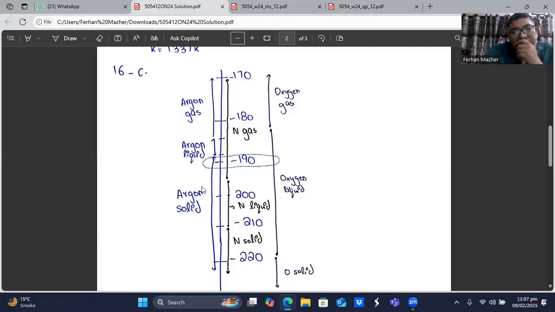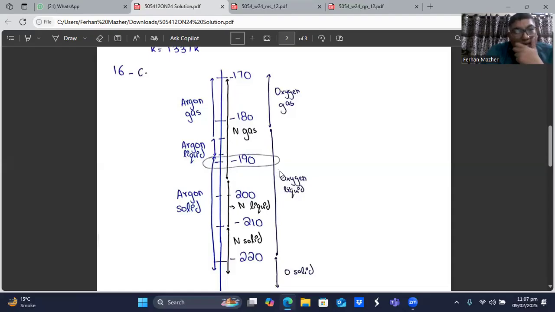This portion. Here you can see it's solid. Oxygen is liquid. And this is gas. This small portion, it is solid. This is gas. This is liquid.